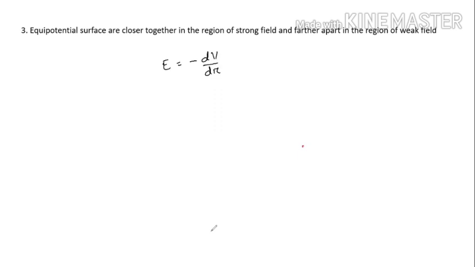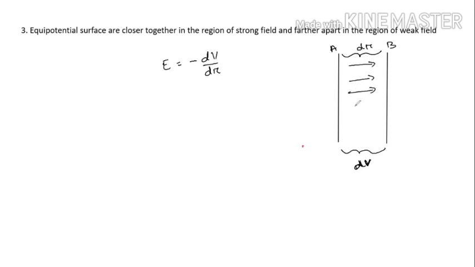Assume that this is one plane surface and this is another plane surface, and you have a certain potential difference dV between these two, and a certain distance between them, let's say dr. We name them A and B, and let's say there is a certain electric field E between these planes.